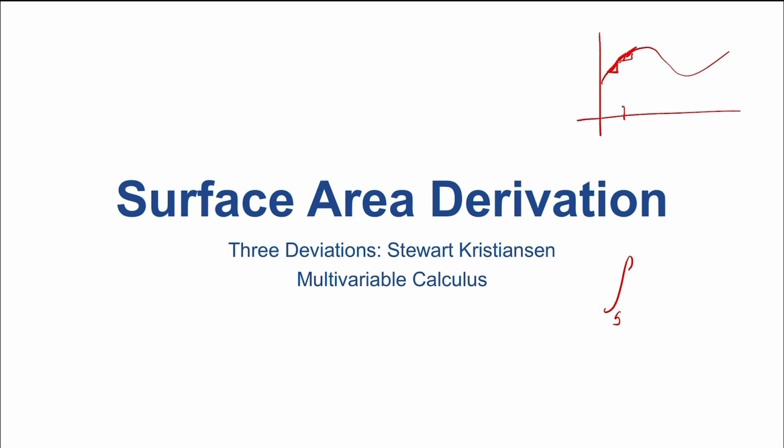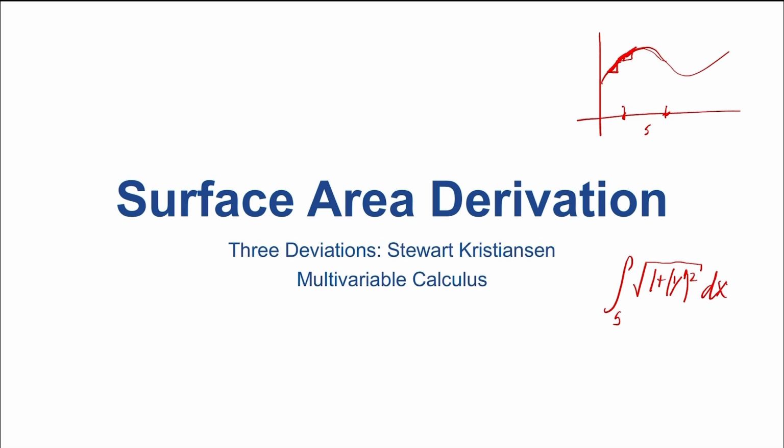So if this was section S, if I wanted to find the arc length between here and here, on the section S, take the integral on the bounds, the square root of 1 plus y prime squared dx. If I took that integral, I could find the arc length.